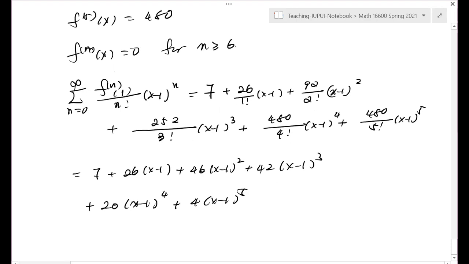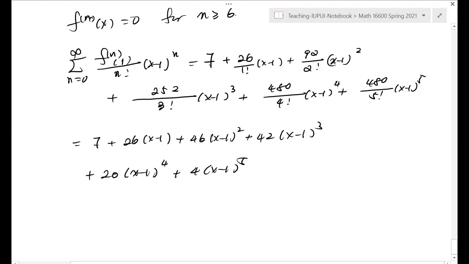It is also a power series. Convergence you don't need to worry about. This is a Taylor series, and clearly it converges to the original function just because it's a polynomial. It's always convergent. So it is a power series representation too.